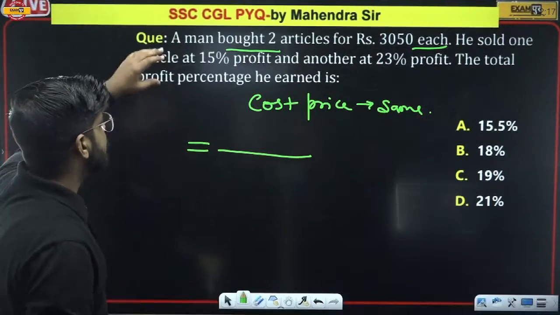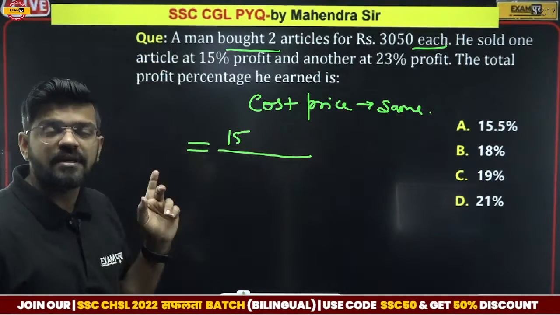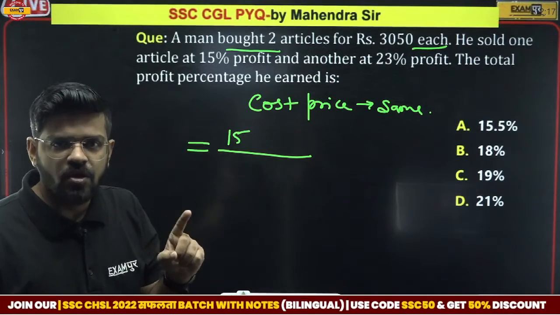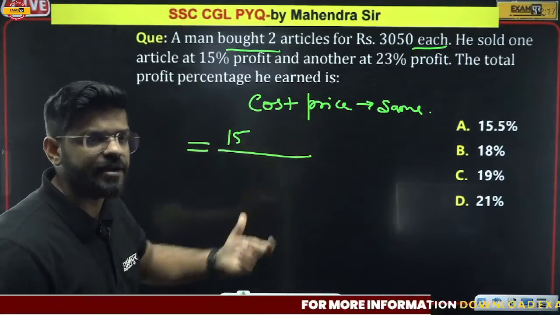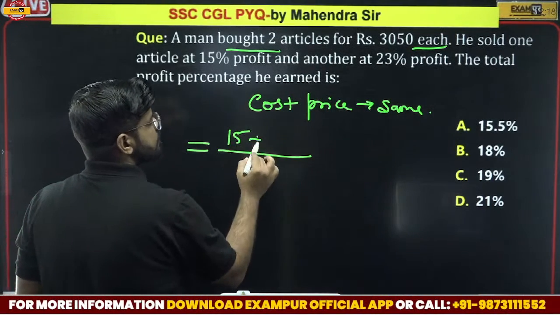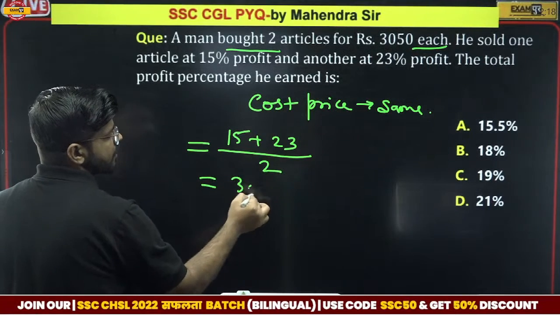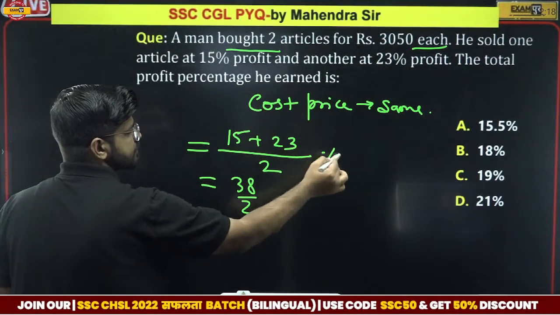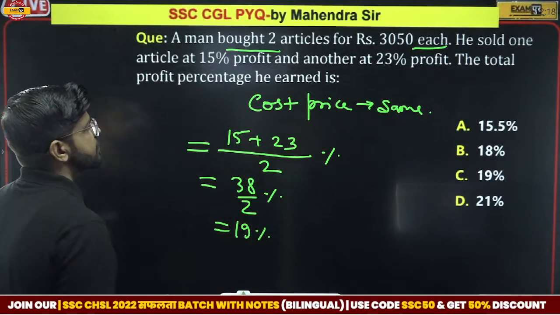Okay, so I have given 15% profit. Remember that profit is written with the positive sign and a loss is written as negative. So here 15 plus 23 divided by 2, you will get 38/2%. That means 19% is my overall profit percent.